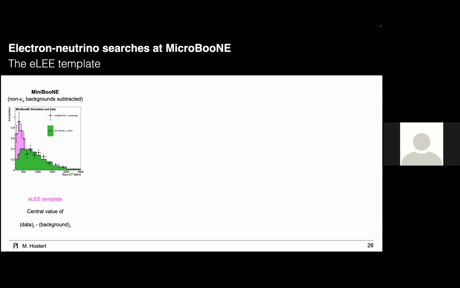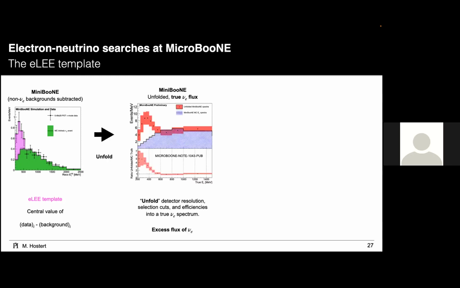So what MicroBooNE did is they unfolded that data minus background difference into a prediction for an excess of nu e in the beam. On the right, that's as a function of true neutrino energy, the total number of, you can think of it as, an additional flux of electron neutrinos in the beam.